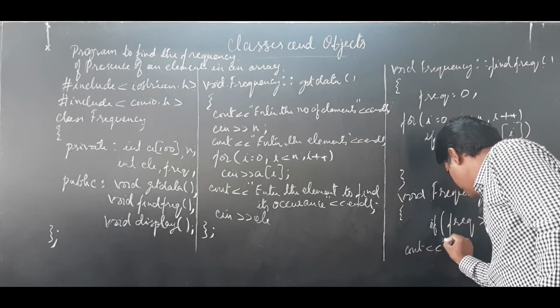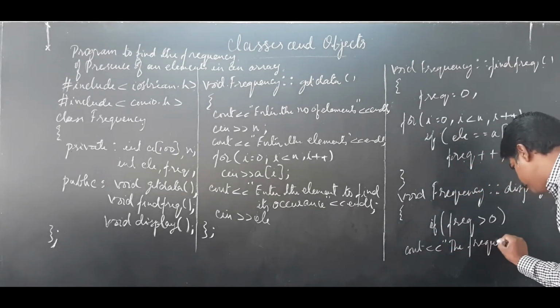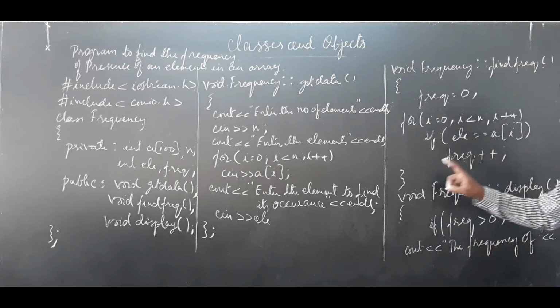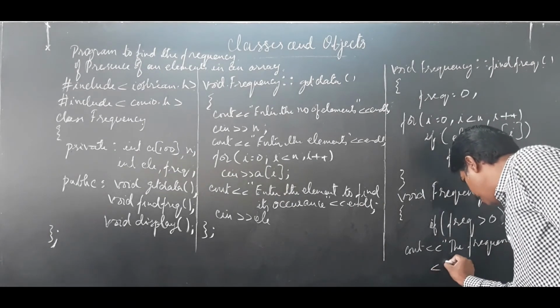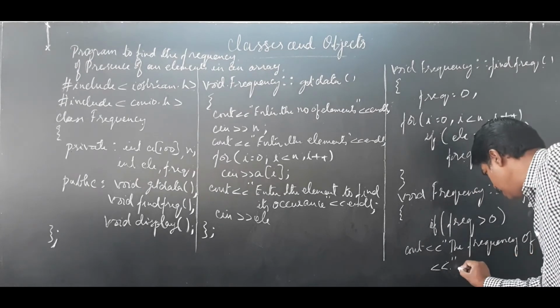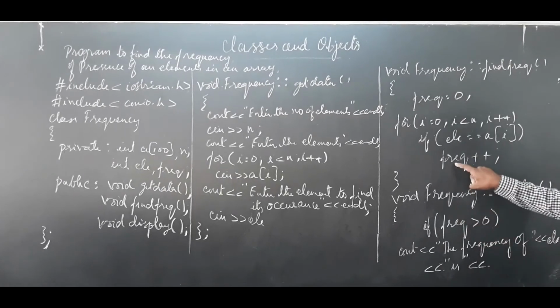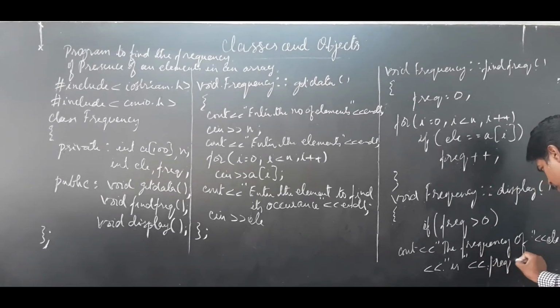Cout, the frequency of, I need to print the element which we are finding, that is ELE, the frequency of ELE. I'm going to take the stream insertion operator, ELE is. So the number of times it is found, that is FREQ. Then I say endl.